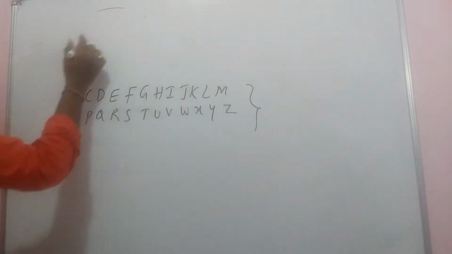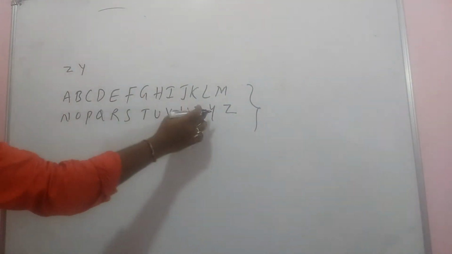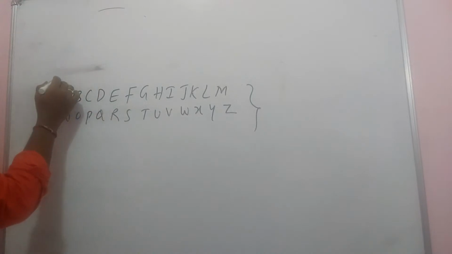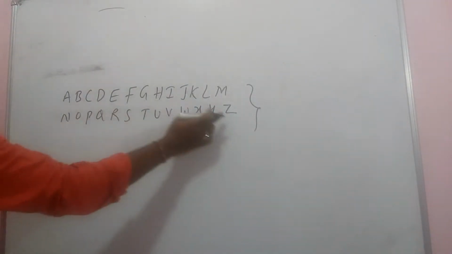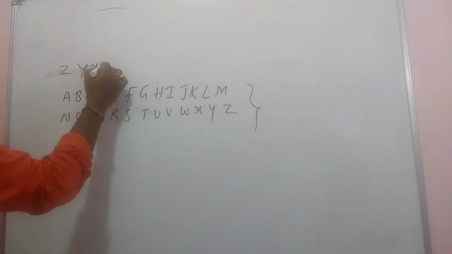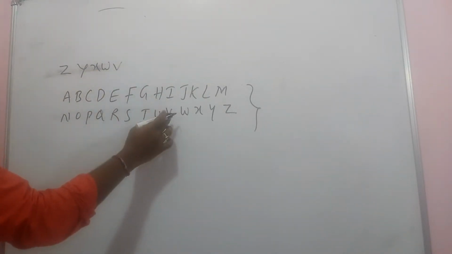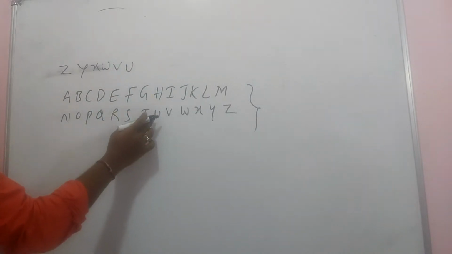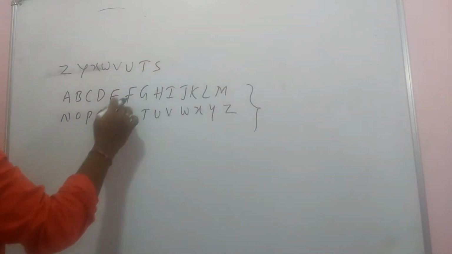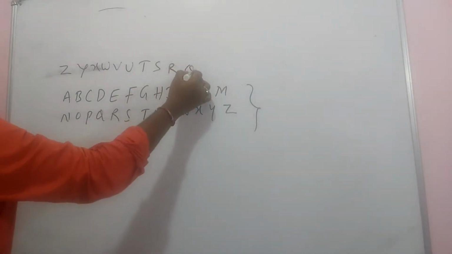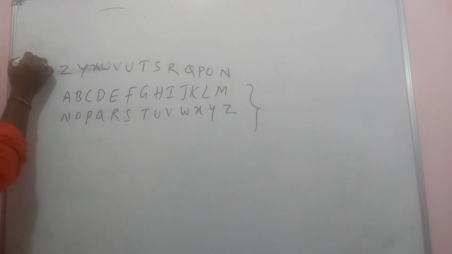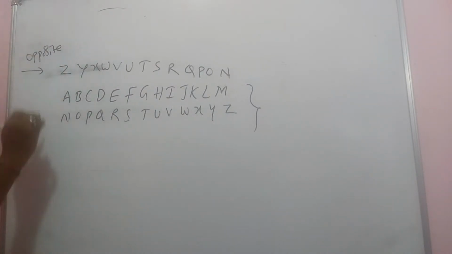But if I write this in reverse, Z here, next Y here, next X here, next W here, next V, U, T, S, R, Q, P, O, N, then these are called opposite letters.